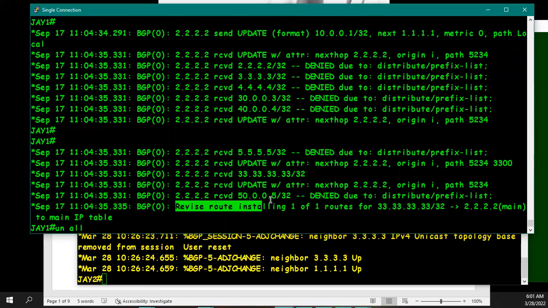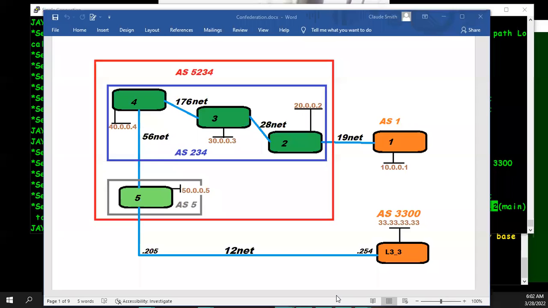So now what the router does, it installs the route for 3333 that it actually learned from router 2. Router 2 got that information from router number 5. They learned it from autonomous system 3300. It pushed it to 4. 4 turned around and said, okay, I'm going to follow the iBGP rules and I can't send this to 3, but the system engineer made me a route reflector.